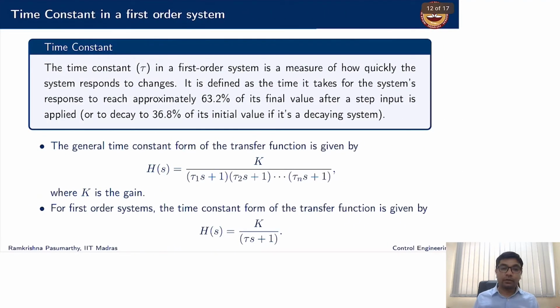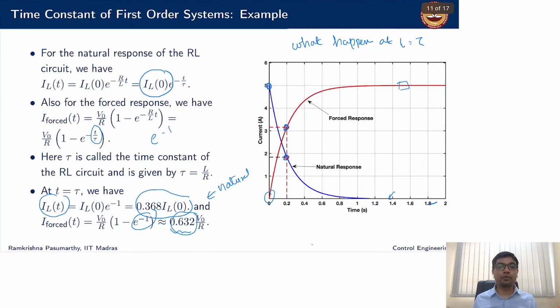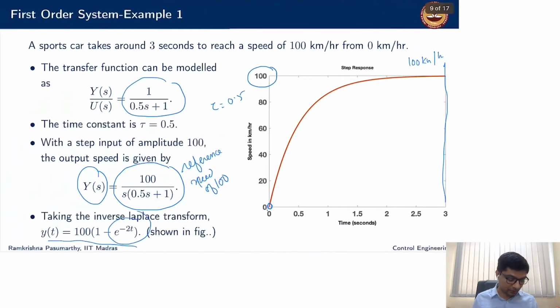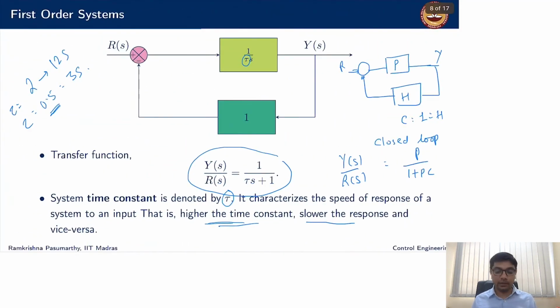So this number, the time constant in a first order system, is a measure of how quickly the system responds to changes. Mathematically, there is a standard form for the first order system: 1 over tau s plus 1.